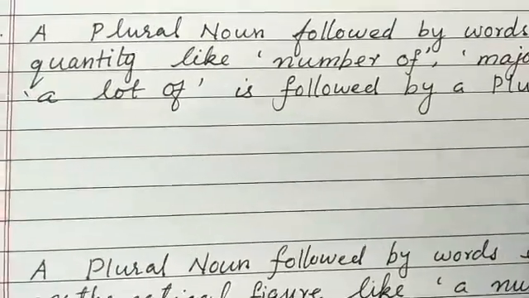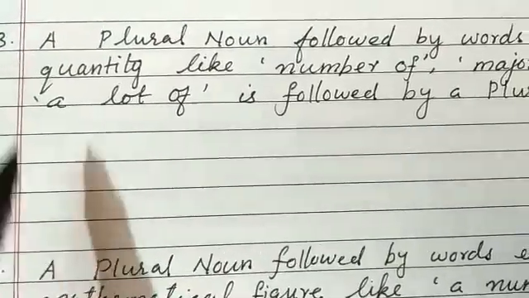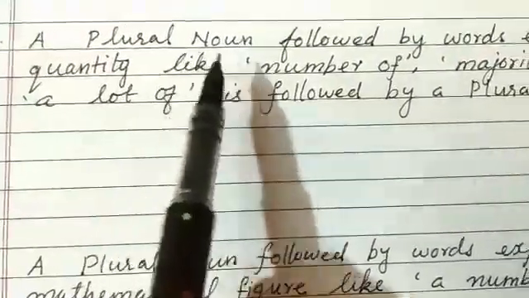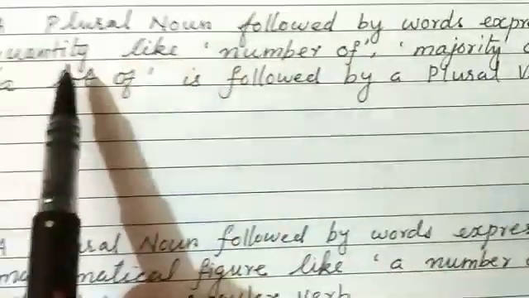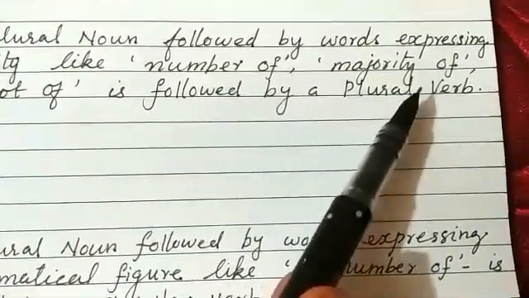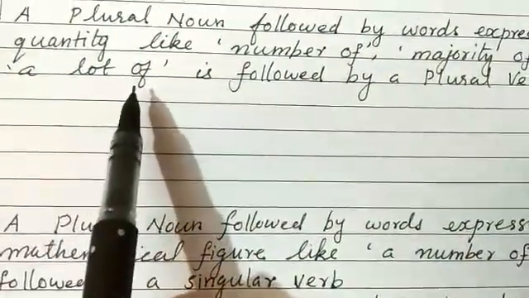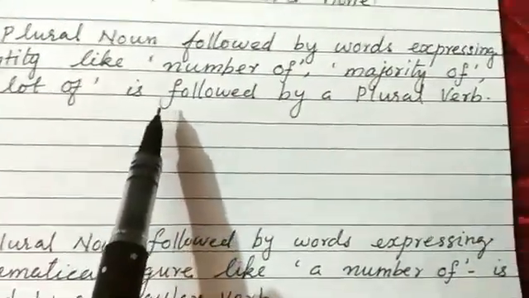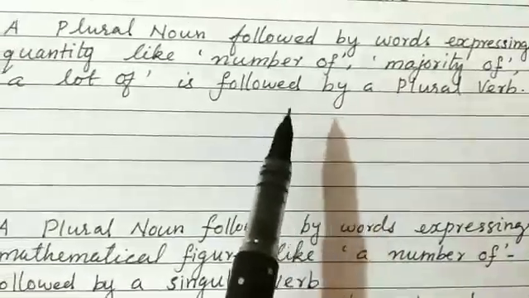Let us go to another rule. A plural noun followed by words expressing quantity like number of, majority of, a lot of is followed by a plural verb.